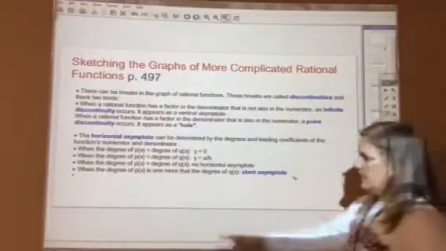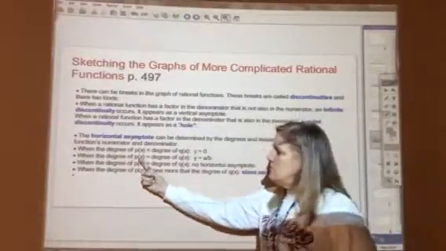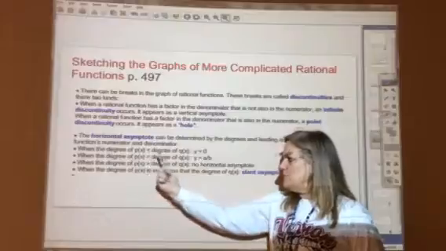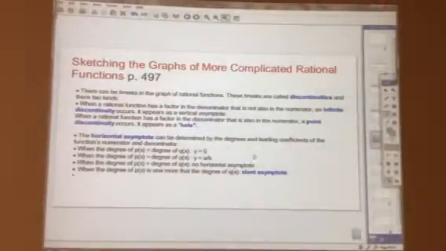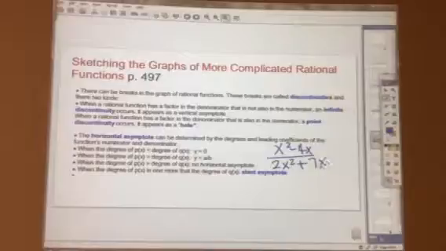Second rule, when the degree of the numerator is equal to the degree of the denominator, for example, x squared minus 4x over 2x squared plus 7x.